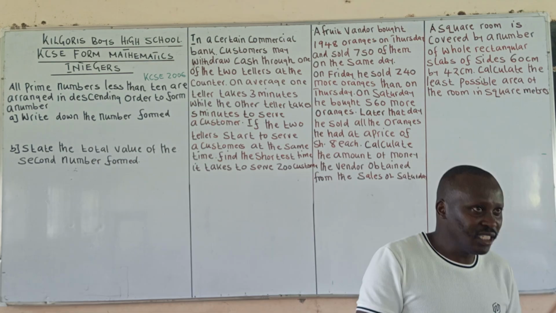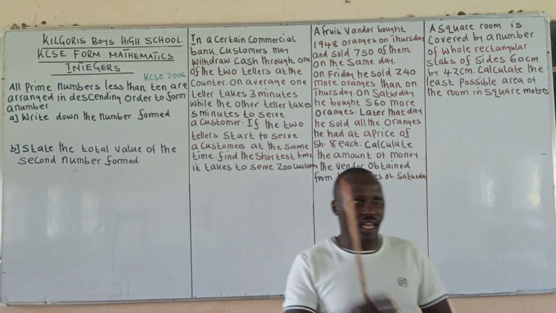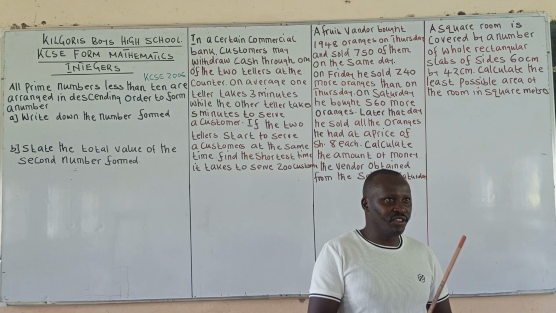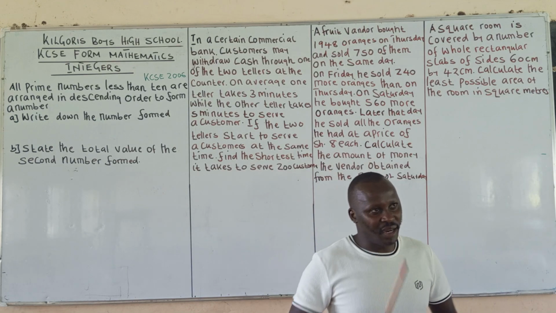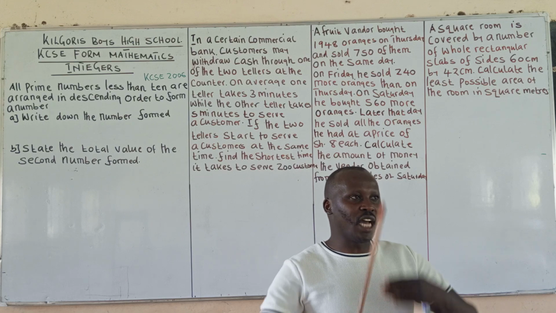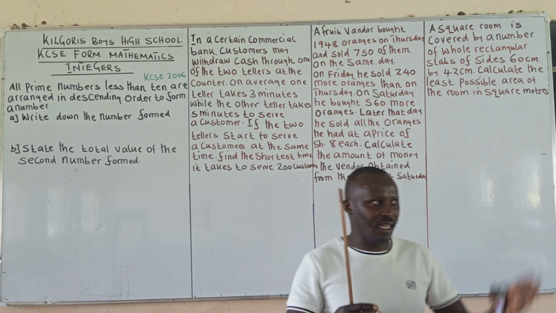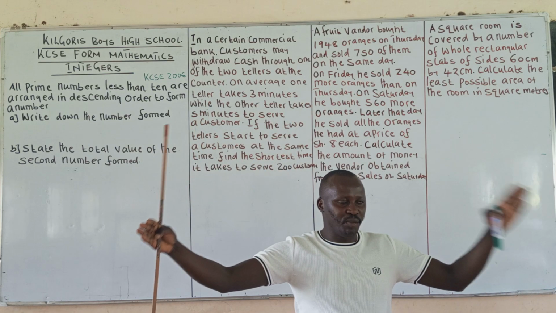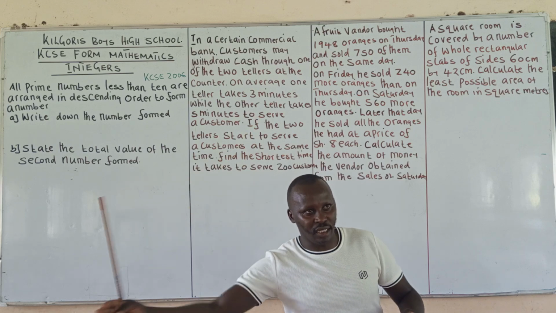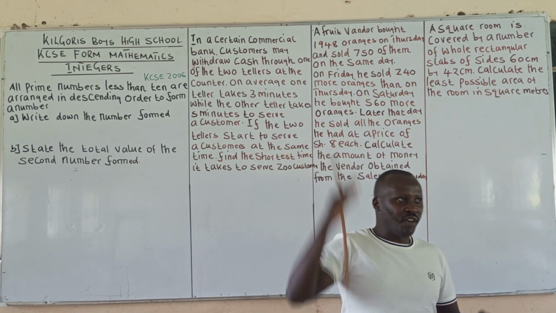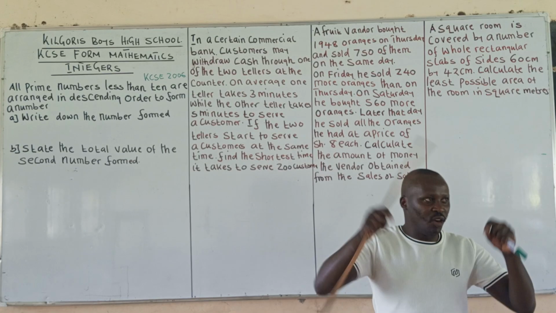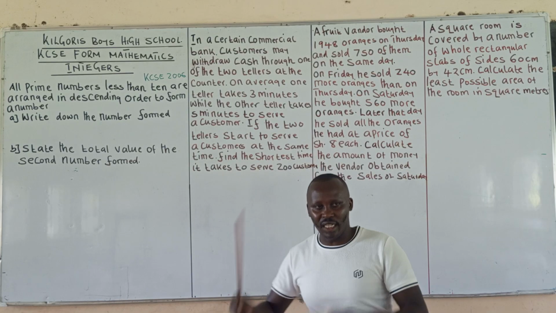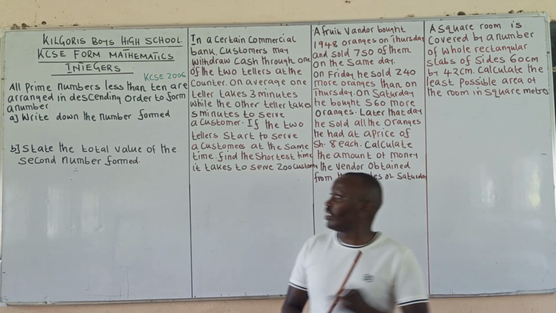0 and 10, we have 2, 3, 5 and 7. Prime numbers are the numbers which are divisible by 1 and themselves. So between 0 and 10, the numbers are 2, 3, 5, and 7. You will write the numbers in descending order: 7, 5, 3, 2.